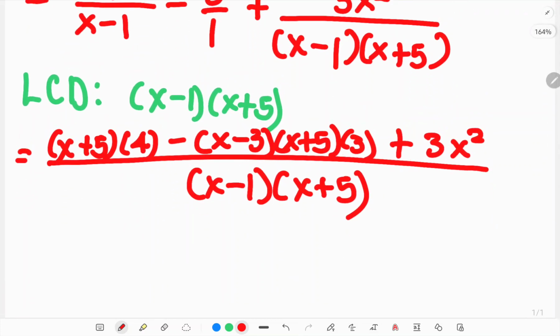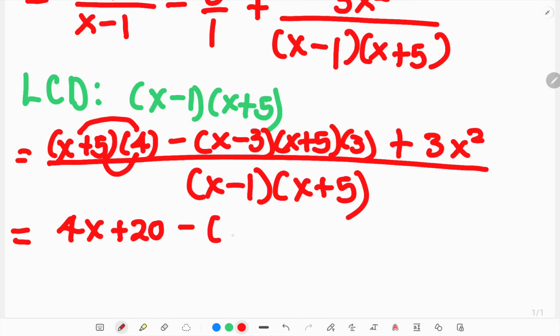So now that we have this, in the numerator we're just going to multiply inside. So we're going to have 4x plus 20. I'm just distributing here and here. And then what happens here? Here I'm going to have my big bracket, and then I'm going to have my x squared. Oh, I made a mistake here.